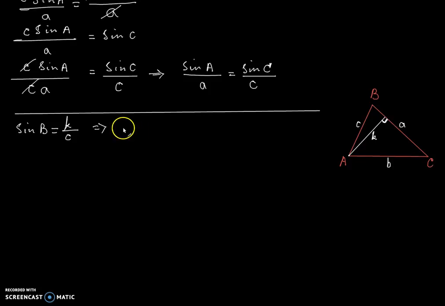So K is equal to c sine B. And now sine C here is equal to K divided by b.